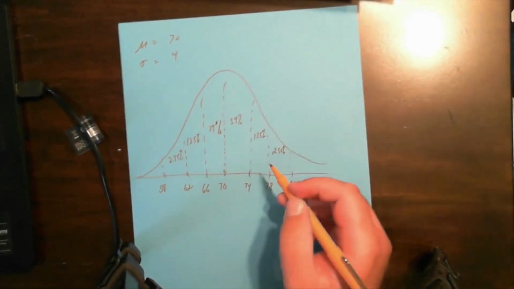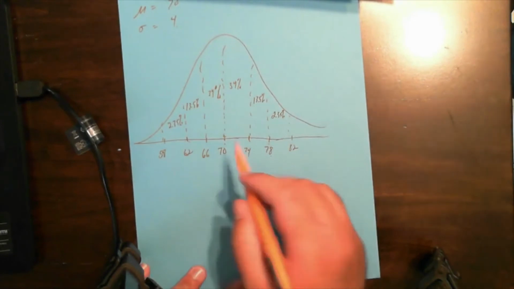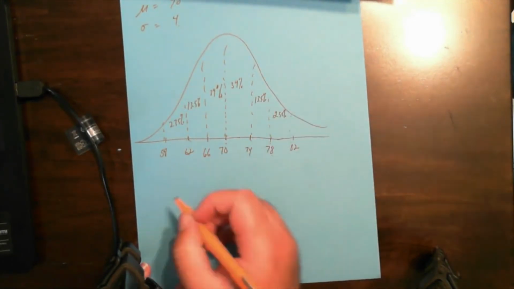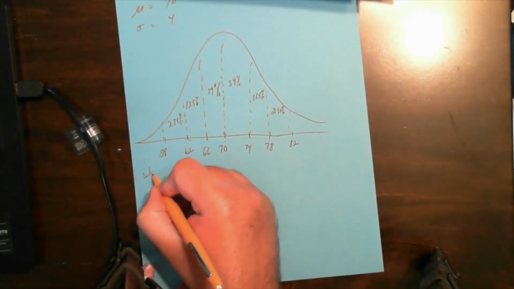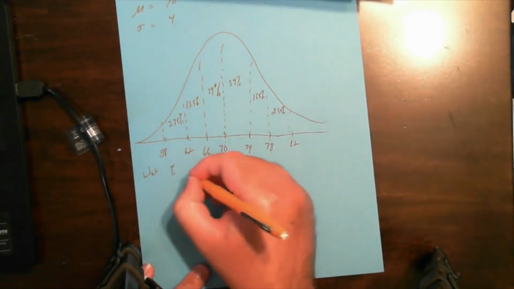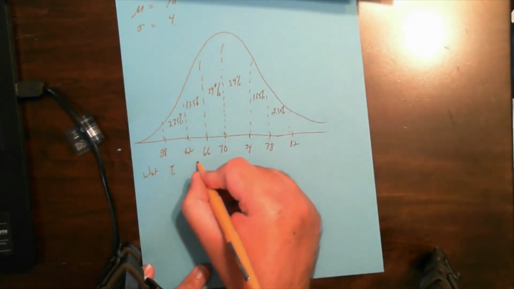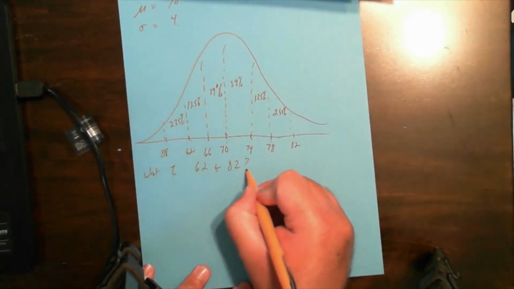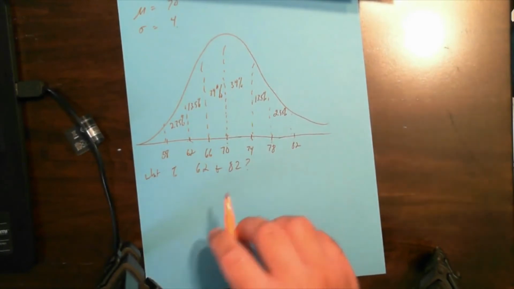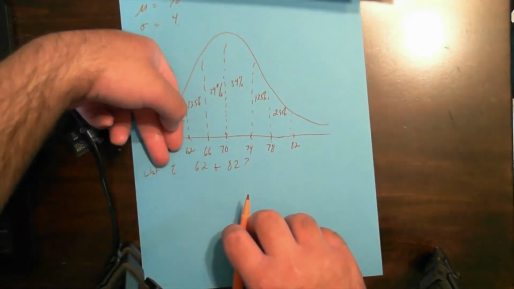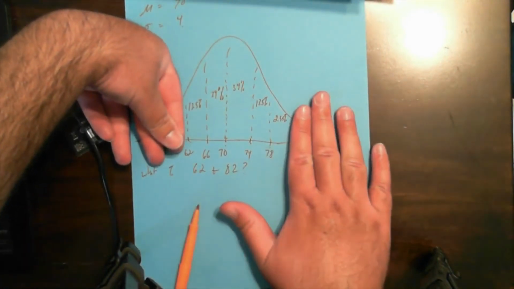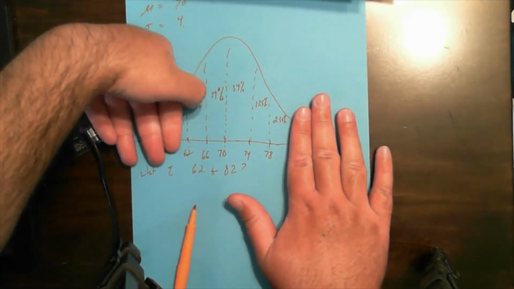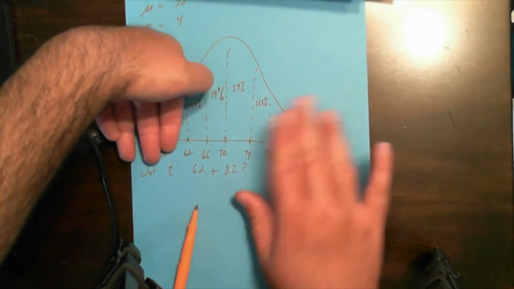Okay. So with this drawn now, I could ask you what percentage of the data falls in any of these ranges, right? So I could say what percent of the data falls between 62 and 82. Okay? So all I would have to do then is say, okay, 62 is right here, 82 is up here. So all I would need to do is add up these numbers that are right here, right?